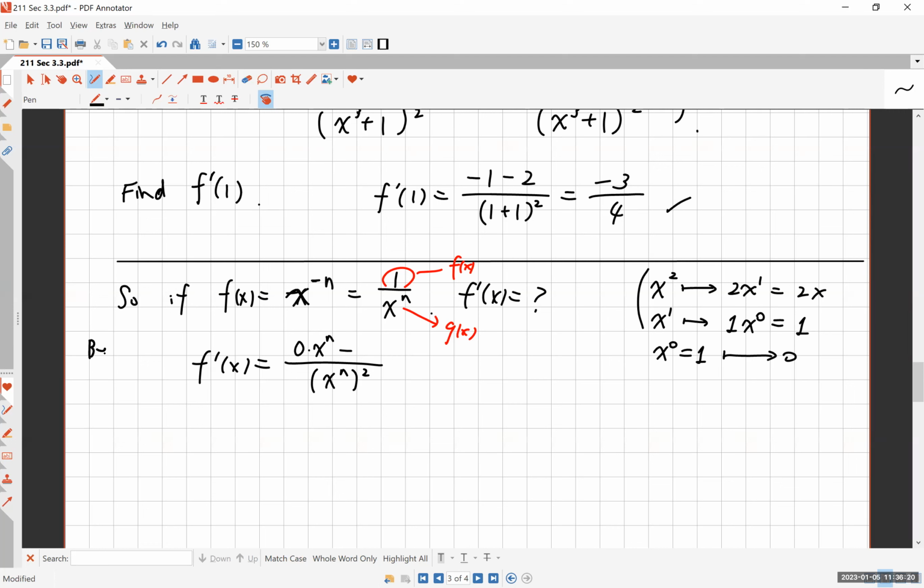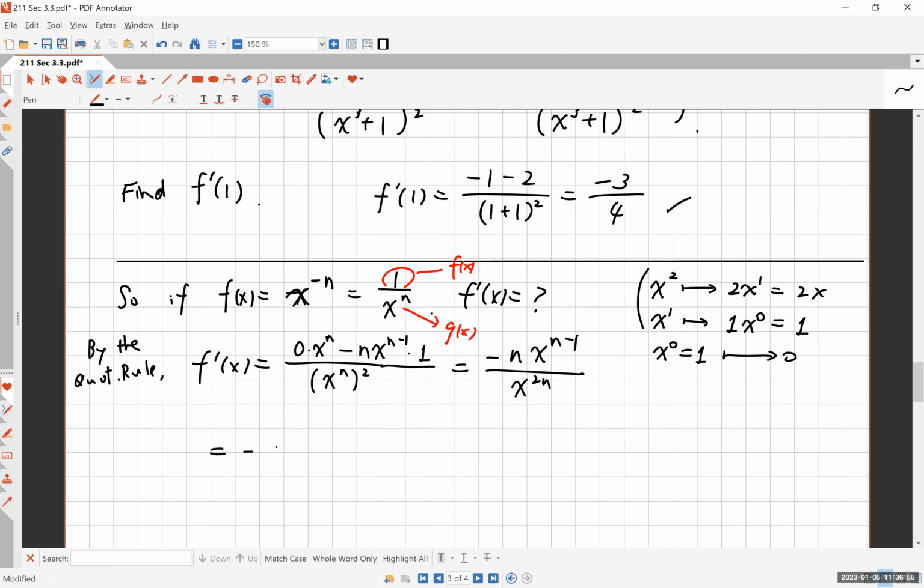By the quotient rule, the derivative should be 0 times x to the n minus the derivative of g, which is n x to the n minus 1, times the f without differentiating. Remember, it's f prime g minus g prime f, and the denominator is g squared. So what happens is this is negative n, x to the n minus 1, all over x to the 2n.